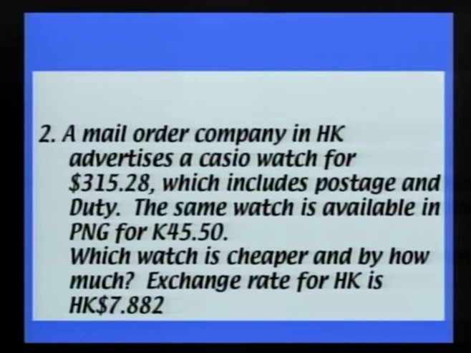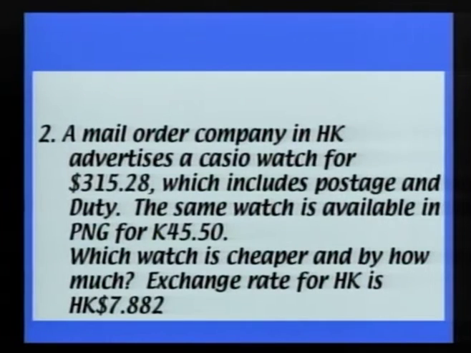Number 2. You're supposed to find out which was cheaper and by how much, whether the watch is paid for in Hong Kong or in PNG. Is it cheaper in Hong Kong or in PNG? Geno? Rita? Which is cheaper? Hong Kong.